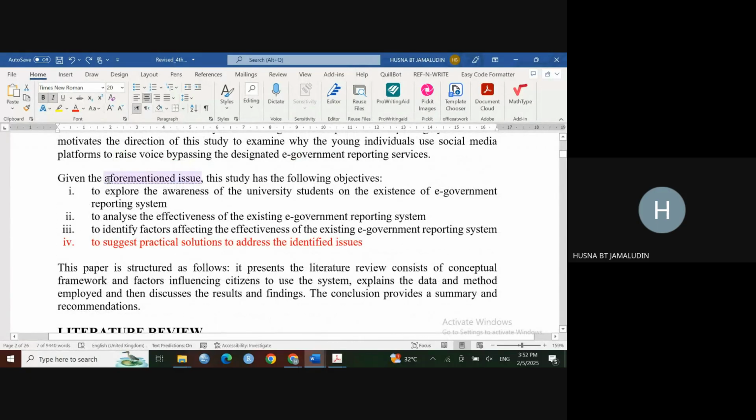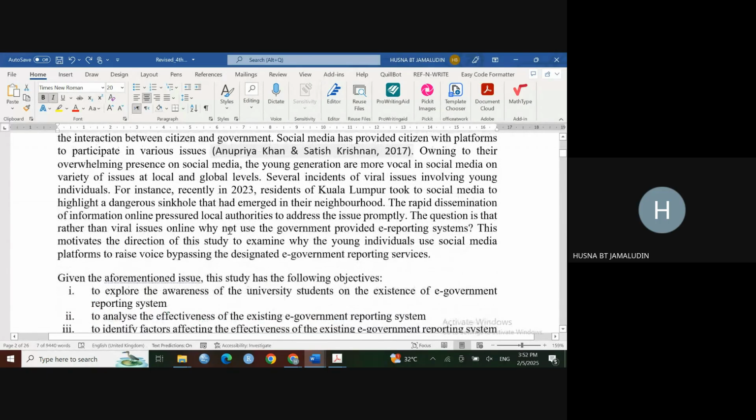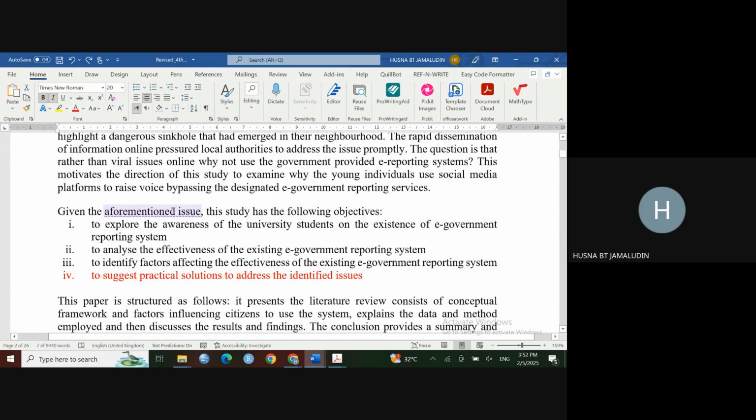Somehow she mentioned the issues in the last paragraph. She has written 5 paragraphs, and the last paragraph is the issue. So don't waste that. Given the aforementioned issue, this phrase tries to link with your issues, showing that given this issue, these are the objectives that we want to address.